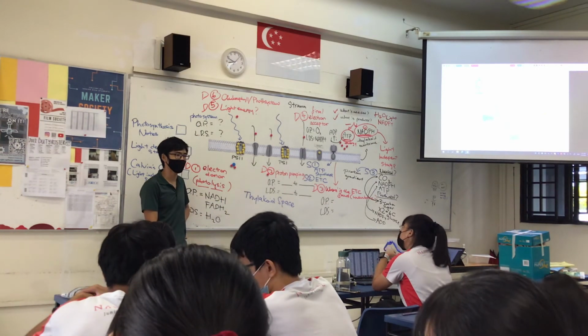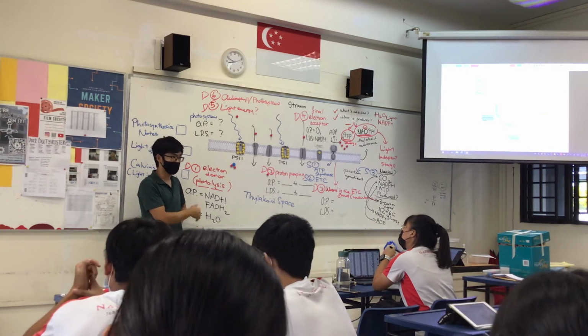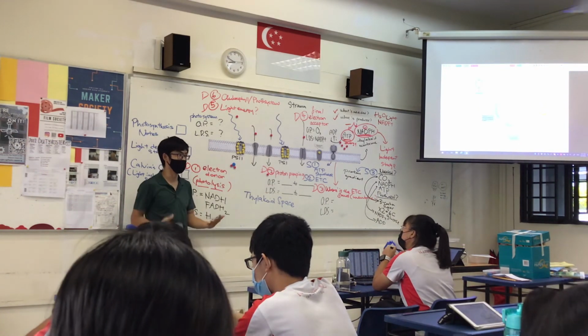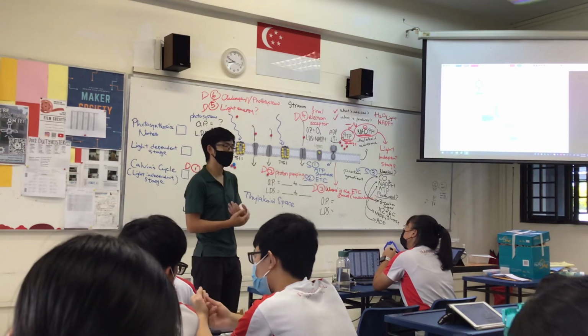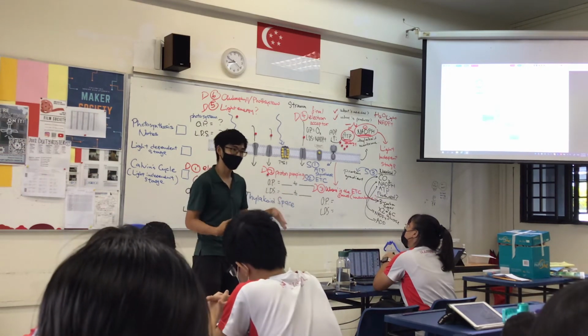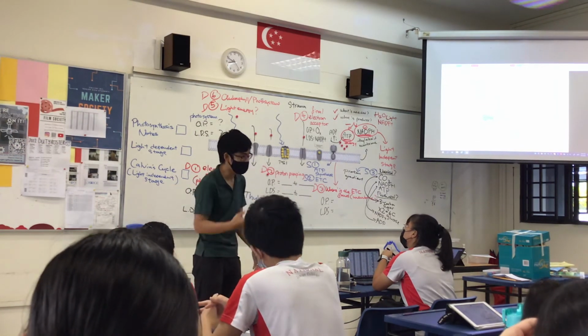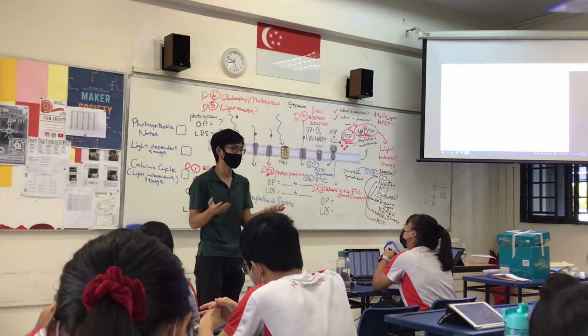By now we've realized that this is very similar to cellular respiration, kind of just the reverse, right? Therefore, for you, what's the best way to study these 2 chapters? Okay, actually, the best way would be to compare and contrast.